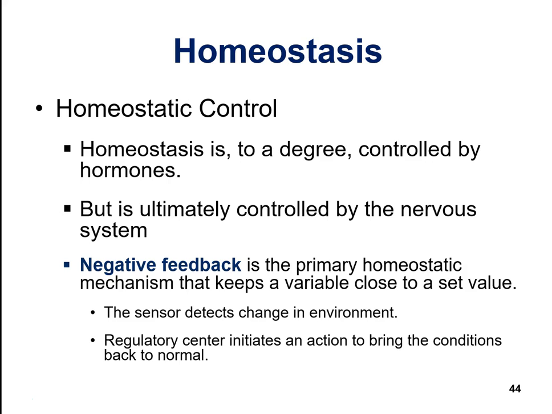So negative feedback is the primary mechanism that keeps a certain variable, say body temperature, at its set value, okay? There is some sensor that will detect a change in the environment, right? Send that information into the nervous system, essentially. This is all nervous system, right? Sensing it, sending it in to the brain. And there is some sort of regulation that occurs, and that will then initiate an action to bring those conditions back to normal, okay?